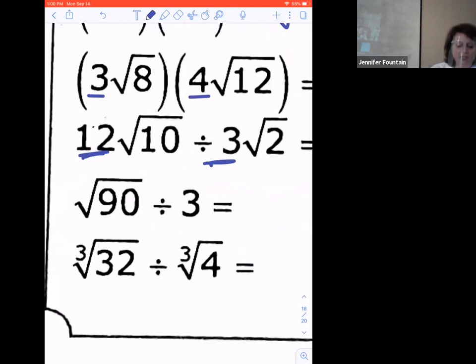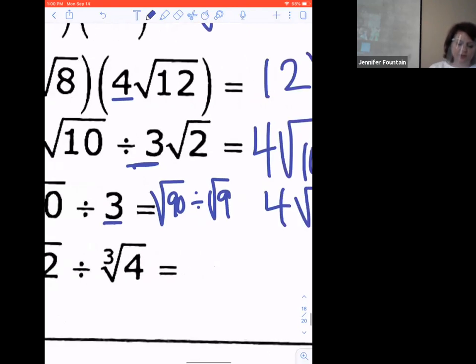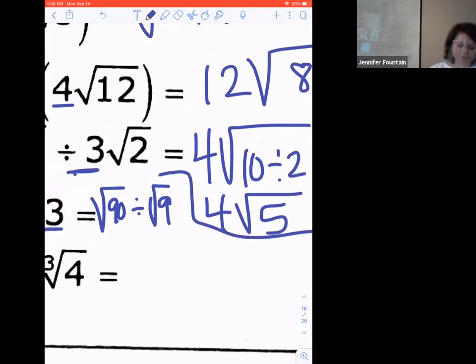So the first thing I need to do is turn that 3 into a radical. So I have to think about, okay, what number is 3 the square root of? 9, good. So I'm going to make this the square root of 90 divided by the square root of 9, okay? I'm going to bring this down here because I had put all this for that problem.